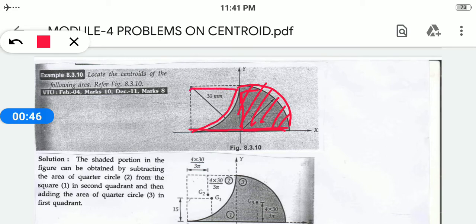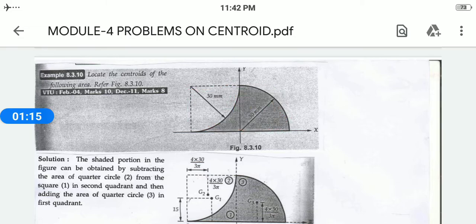The next thing is, you can consider this whole as a rectangular section. What you have to do is detect, or subtract, your quadrant circle from this. When you subtract the quadrant circle, you get the remaining portion. That is what they have mentioned here.